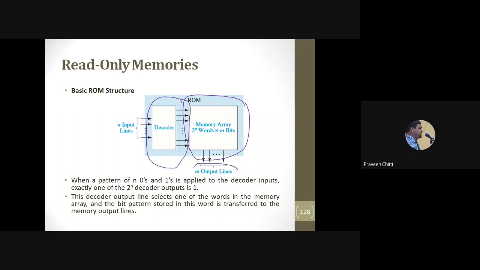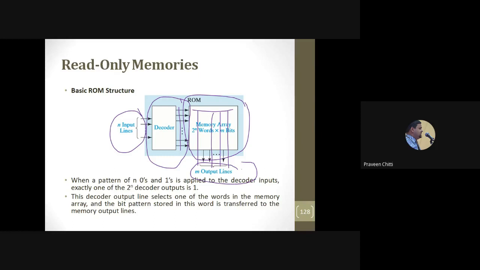This address decoder decodes the n-bit address into one of the 2 to the power n combinations, and that particular memory location will be active, and the content of that memory location will be read on these m output lines, right? So there are n input lines. Out of these n input lines, we get 2 to the power n outputs from the decoder. These are given as input to the ROM, and since one output of the decoder is active at a time, that particular memory location will be read, and the data stored in it will be available at the m output lines.